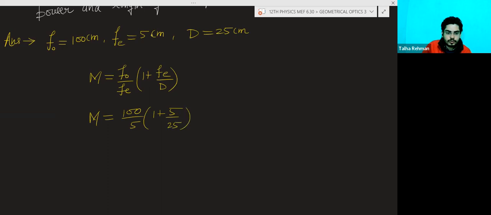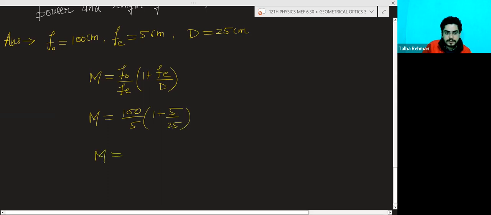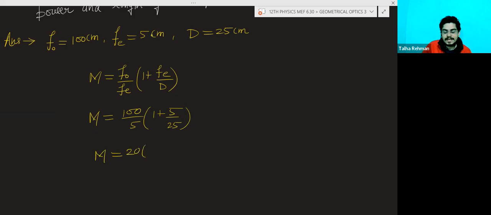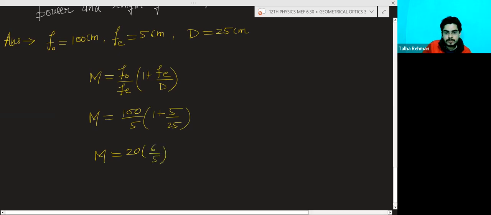So from here, this will be 20, and 1 plus 5 by 25 is 6 by 5. When you cancel, 5 4s are 20 and 6 4s are 24. So the magnifying power you will get is 24.